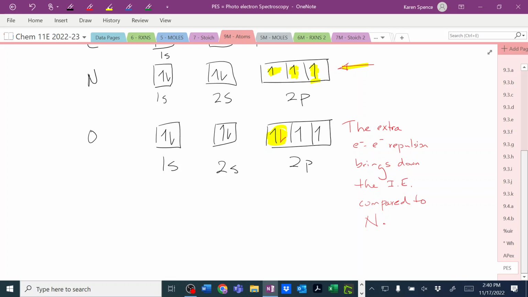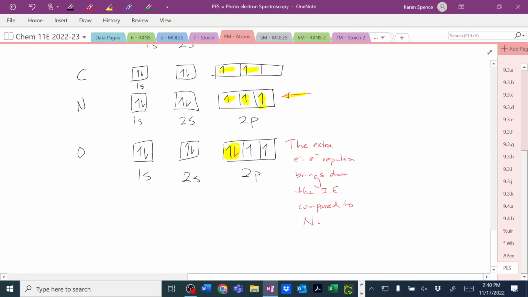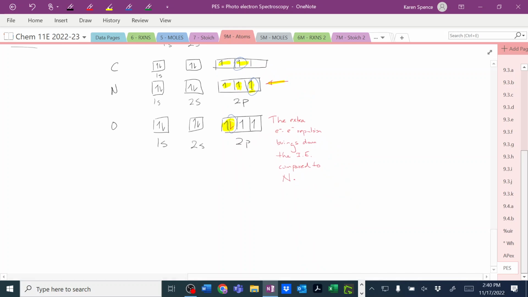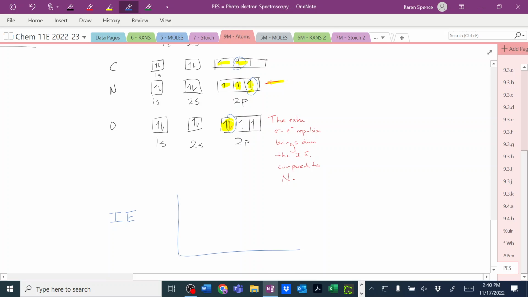So what you'll end up with, if we're looking at removing the outermost electrons, so we could be removing this one, we would be removing one of these ones, okay? So the ionization energy trend would be: we would have boron here, carbon, it would be higher.